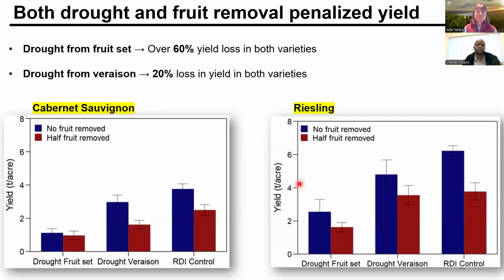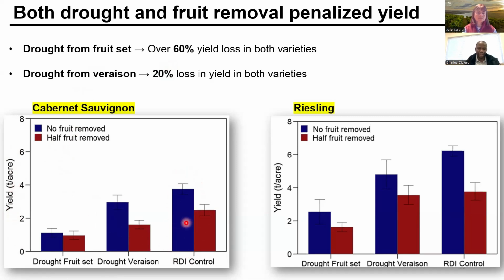In terms of yield, the drought from fruit set experienced over 60% of yield loss in both varieties, whereas drought from Verison was about 20%. If you look at the left, that is Cabernet Sauvignon, and this is the yield in tons per acre.